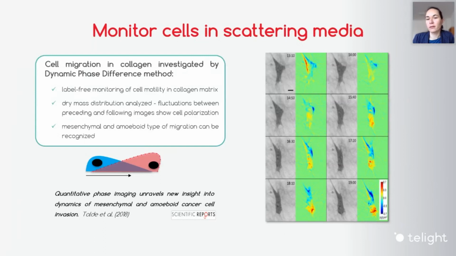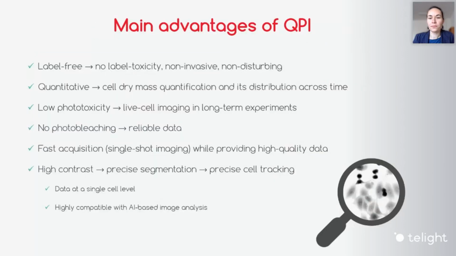The blue are the areas where the dry mass was retracted from, and the red ones are the areas where it was pushed to. So even though you cannot tell it from the gray scale QPI images, if you use this subtraction and color coding, it nicely visualizes the differences and what is the mechanism of the movement of those cells.